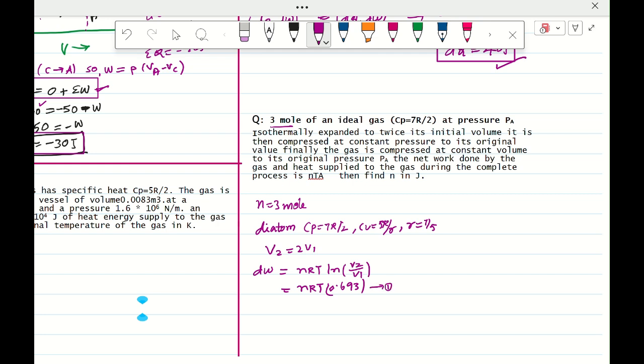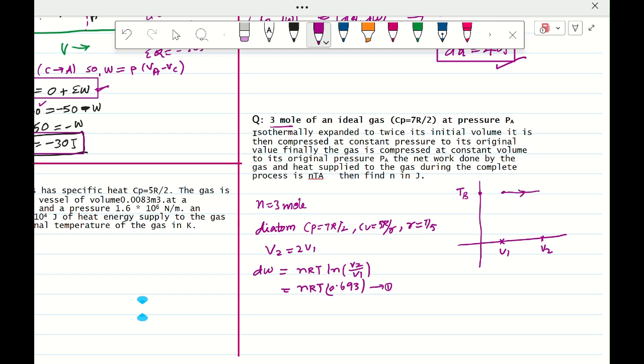It is then compressed at a constant pressure to its original value. That means here we have to go with the diagram. Initially V1 is there, expanded to V2, by keeping the temperature constant in the isothermal expansion. By keeping the temperature constant, it expands like this.